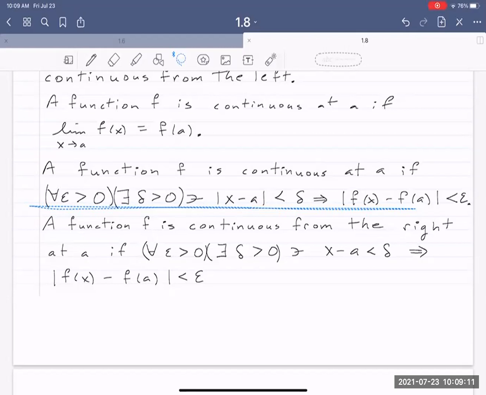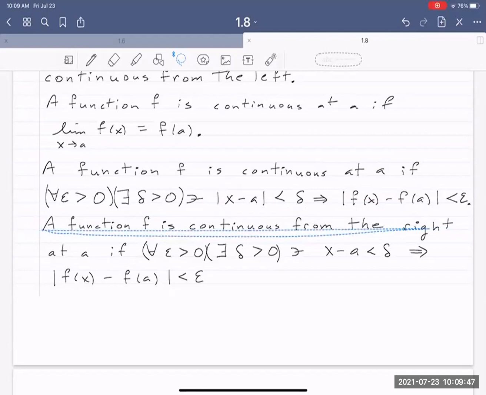And so I get rid of that 0 less than on the left-hand side, so that this works for all x within delta, for all x that are close to or equal to a. So I want that this works at a also.